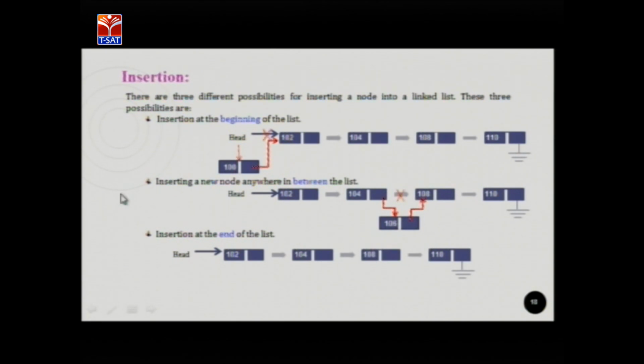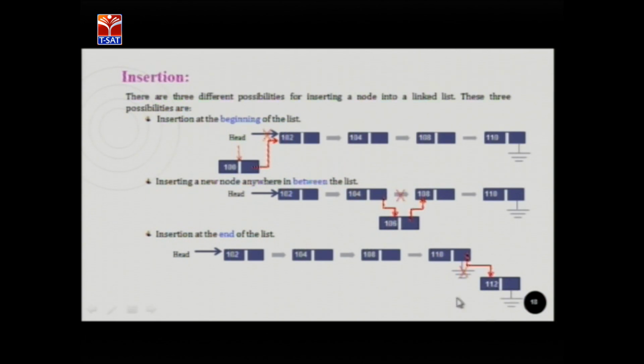Next we are going to see how we add a data node at the end. We have to traverse the whole list to find the null value in the address part. Then we store the address of the new node in the previous node, and assign the null value to the new node.